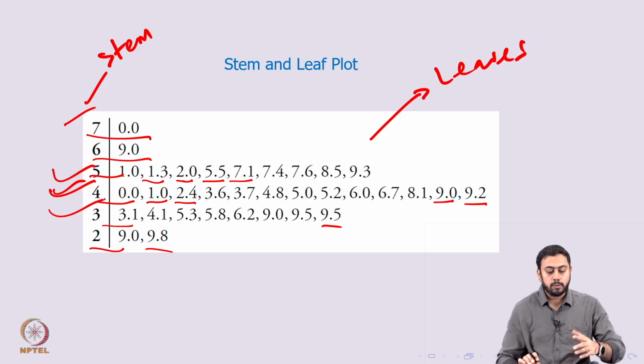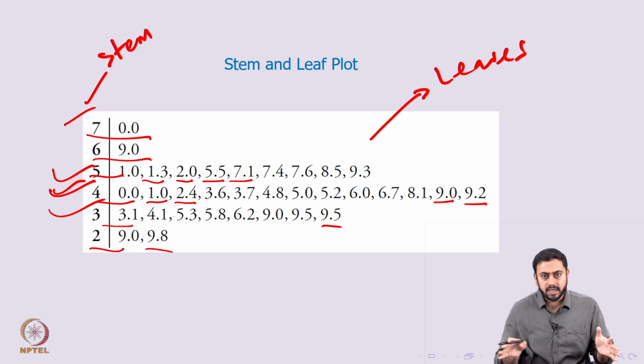And if you look at both the extremes, starting with 7 or 2, you have fewer US cities whose temperatures start with 7 or 2. Down the line we'll talk about an example of a stem and leaf plot, and there I'll elaborate a bit more.